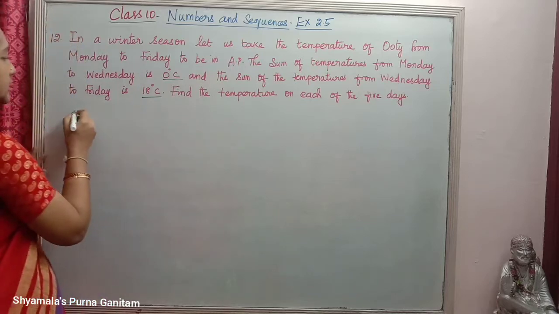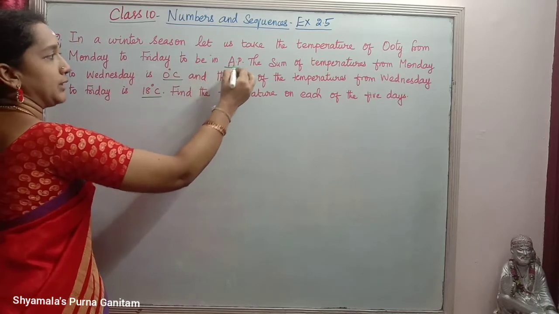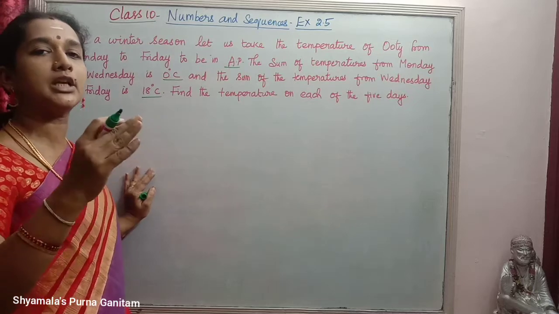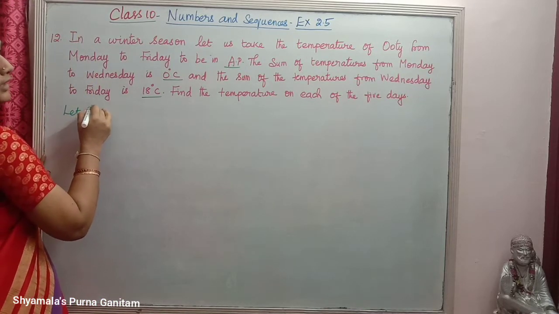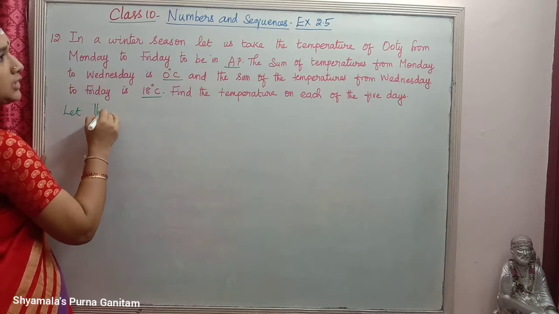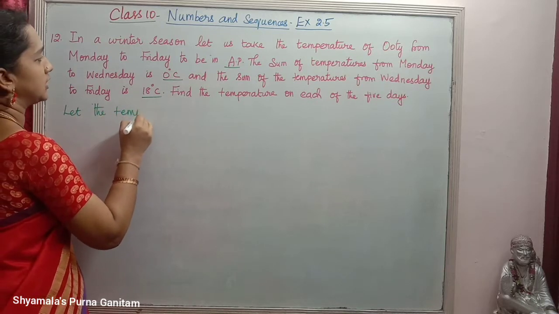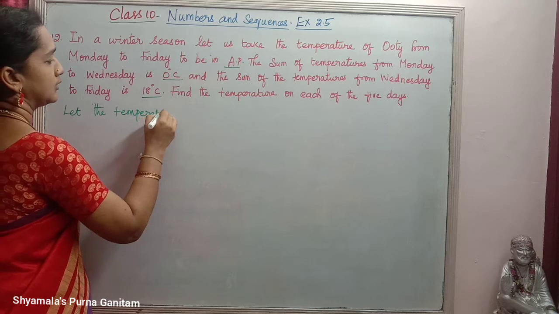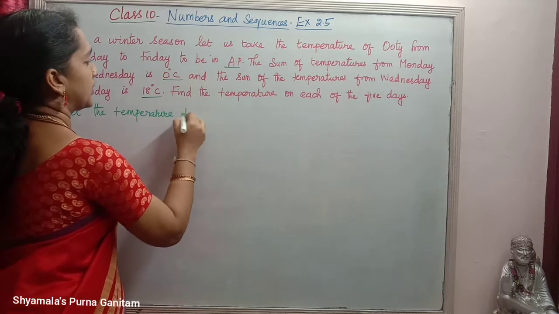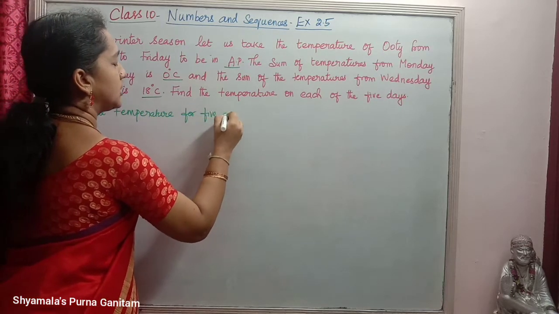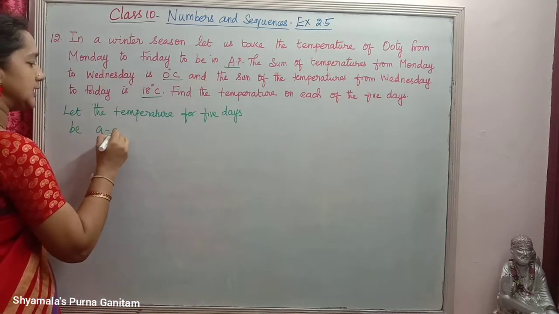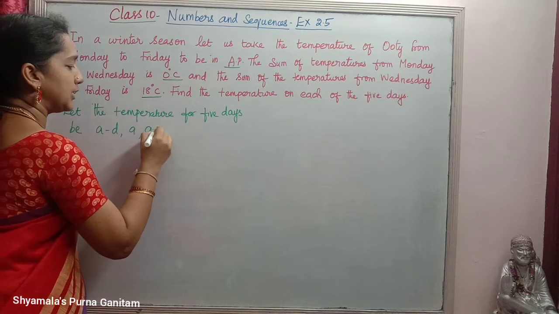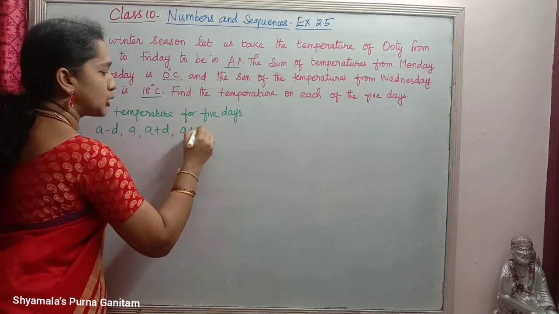Okay, since it is given as an AP, we have to take consecutive terms. So let the temperatures for the 5 days be A minus 2D, A minus D, A, A plus D and A plus 2D.